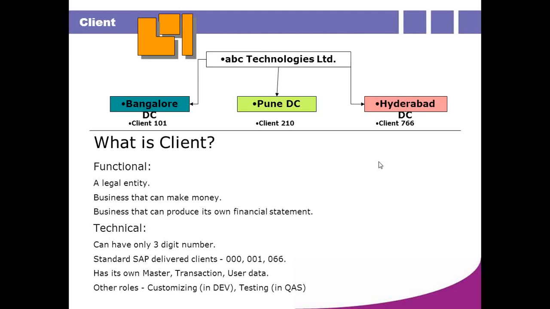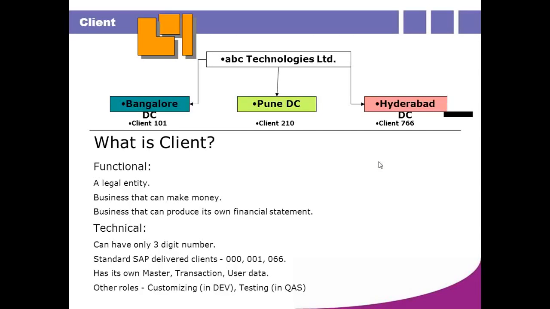So client is a data separator even though your data is in the single database. My Bangalore data is organized through one client, Pune data is one client, and Hyderabad's data is one client. If I log into the Bangalore client, I can't see or modify the Pune client data and Hyderabad client data, and vice versa.